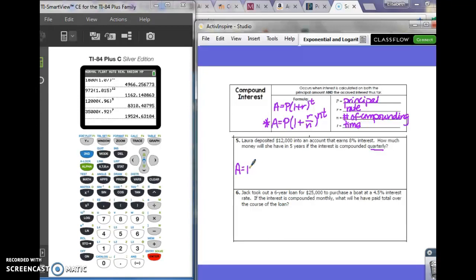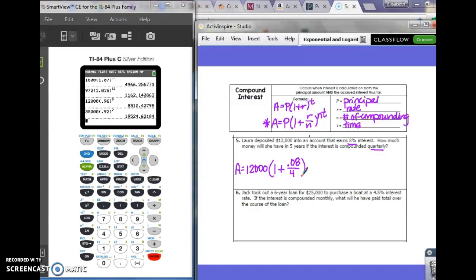P, the principal, or what you put in, your starting amount, in this example is $12,000. 1 plus R is my rate, 8%, but just as in the other examples, that's as a decimal, 0.08, over quarterly, which is how frequently the interest is being compounded. So that is N, and that is 4.